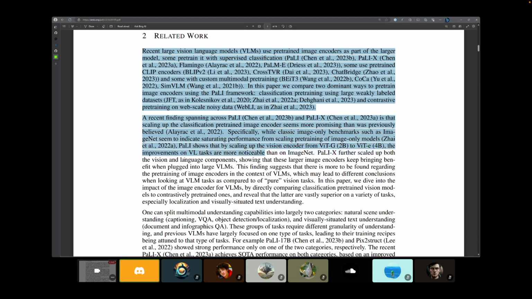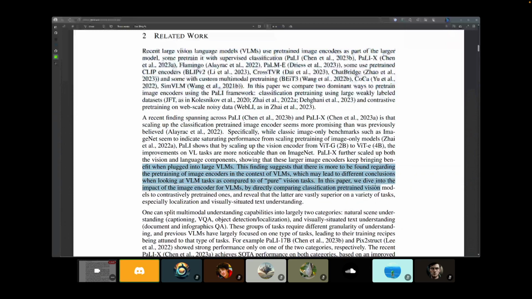PaLM-E further scaled up both the vision and language models, showing that these larger image encoders keep bringing benefits when plugged into large VLMs. This finding suggests that there is more to be found regarding the pre-training of image encoders in the context of VLMs, which may lead to different conclusions compared to a pure vision setting.